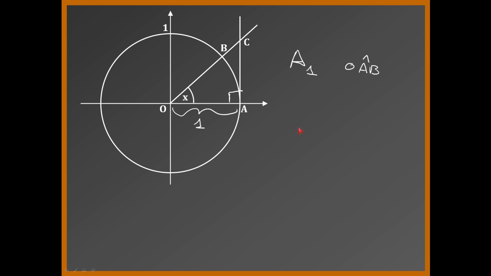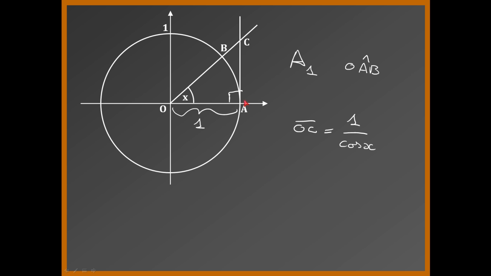From this, we can immediately say that the hypotenuse of the triangle, this is OC, the length of the hypotenuse is 1 over cosine of the angle x.